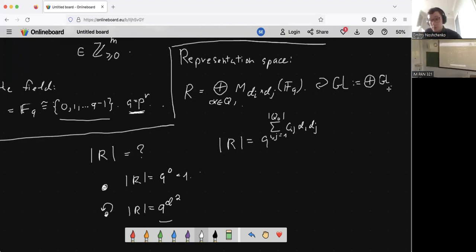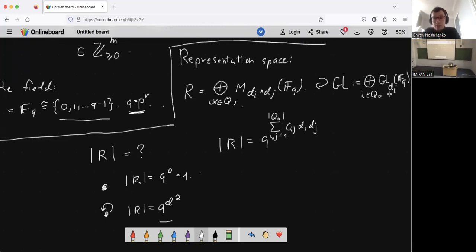These are the copies of GL(d_i) over this finite field, and this is a summation over all i's, all nodes of the quiver.